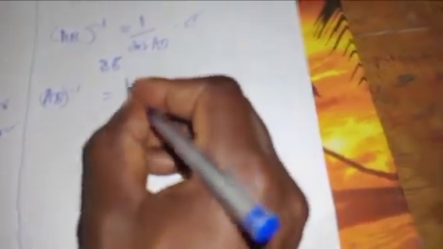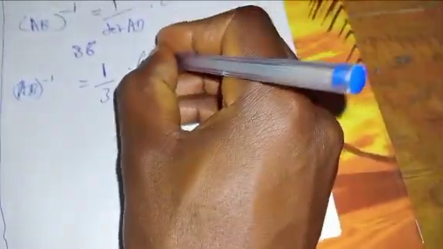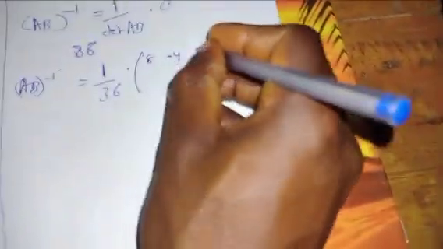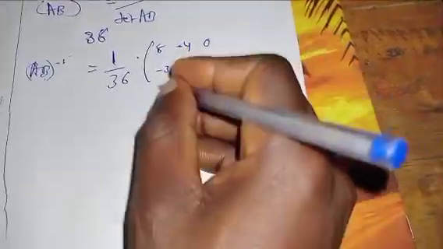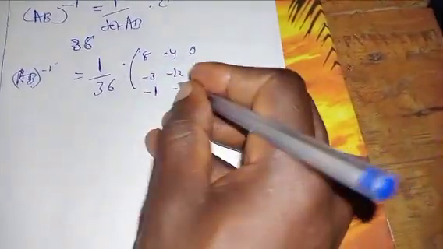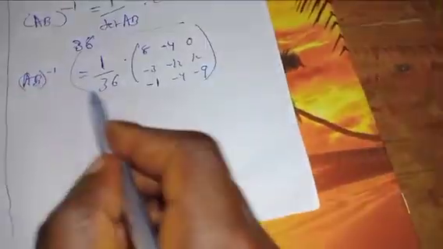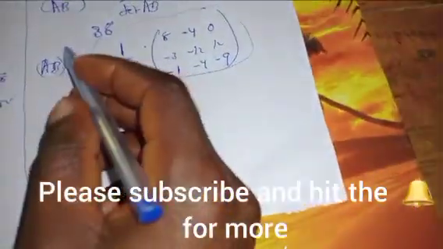So 1 over 36 times our C transpose, which is here: 8, negative 4, 0, negative 3, negative 12, 12, negative 1, negative 4, negative 9. So you multiply this to get our AB inverse.